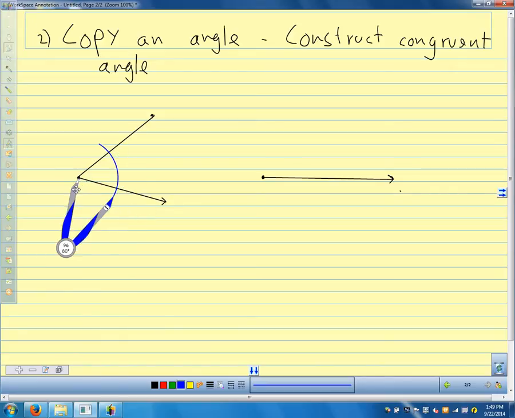Now I'm going to take my compass, I'm not going to change the setting, and I'm going to set the point on the vertex of my new angle. And make an arc through that, and make the arc nice and big.